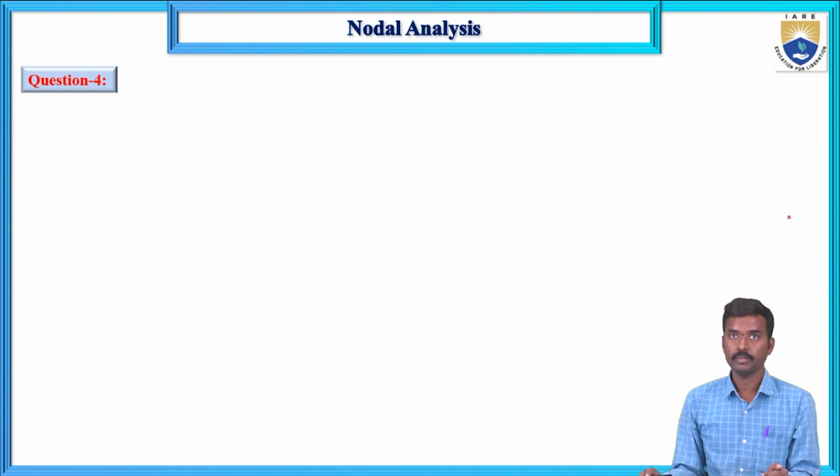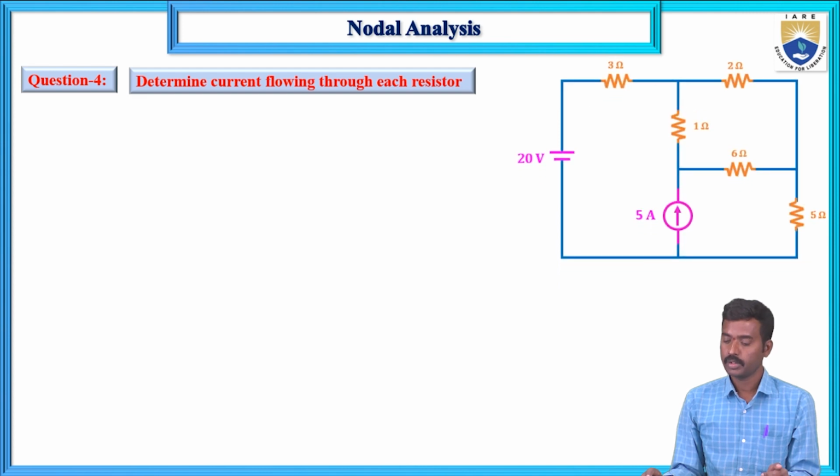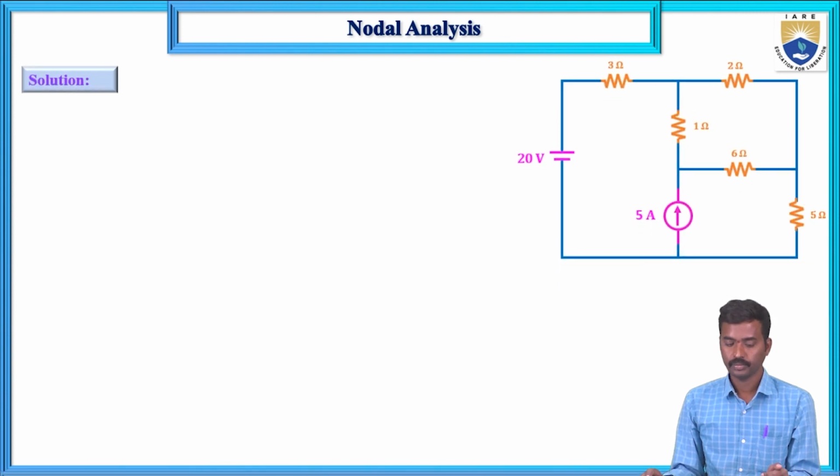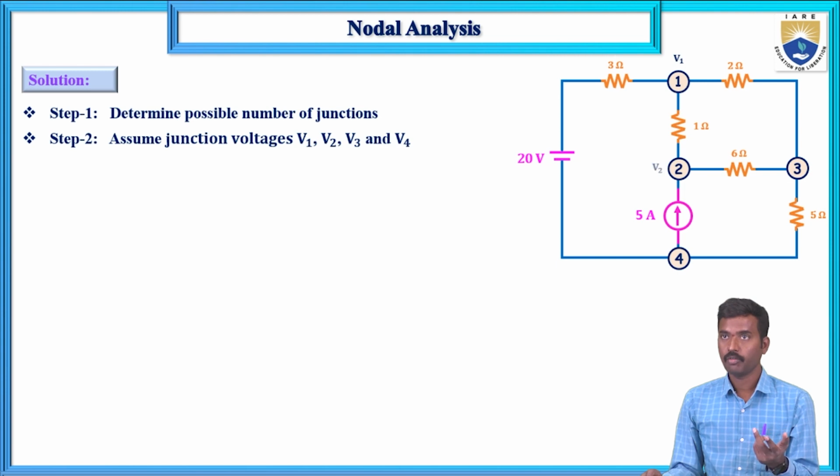Next, another problem. Determine current flowing through each resistor in a given network. Here, possible number of junctions J1, J2, J3 and J4. Assume the junction voltages V1, V2, V3, V4.